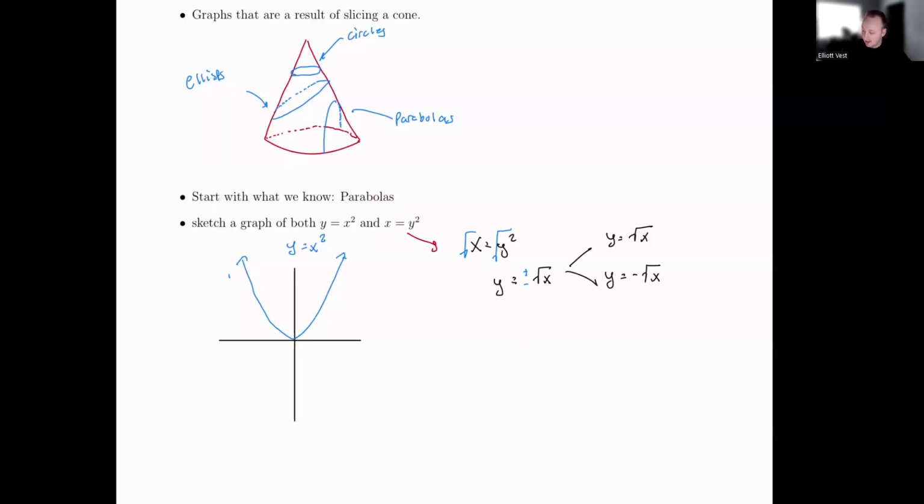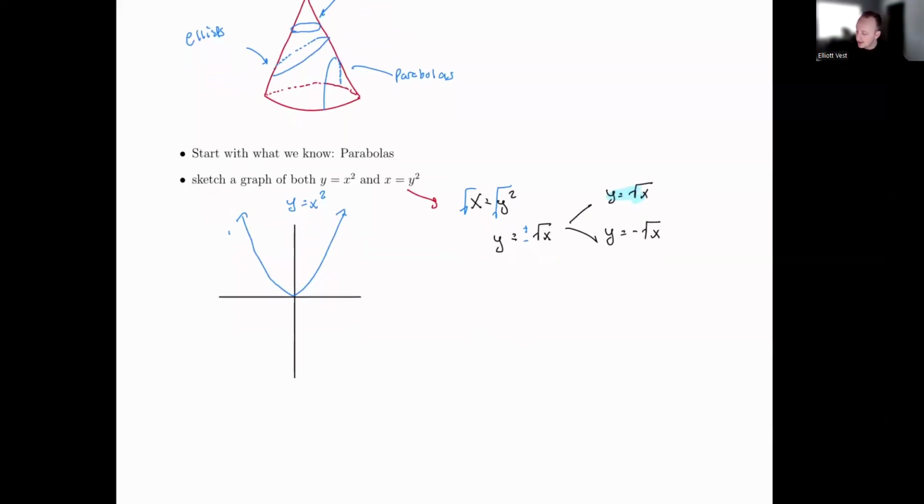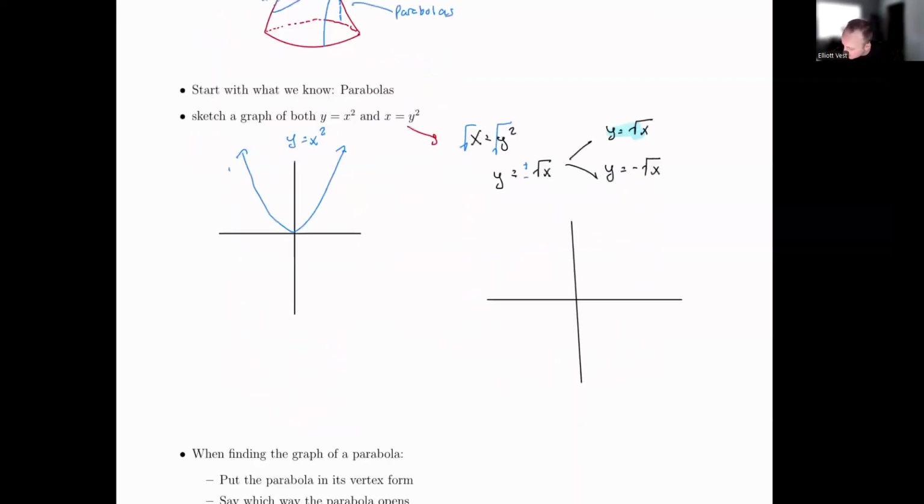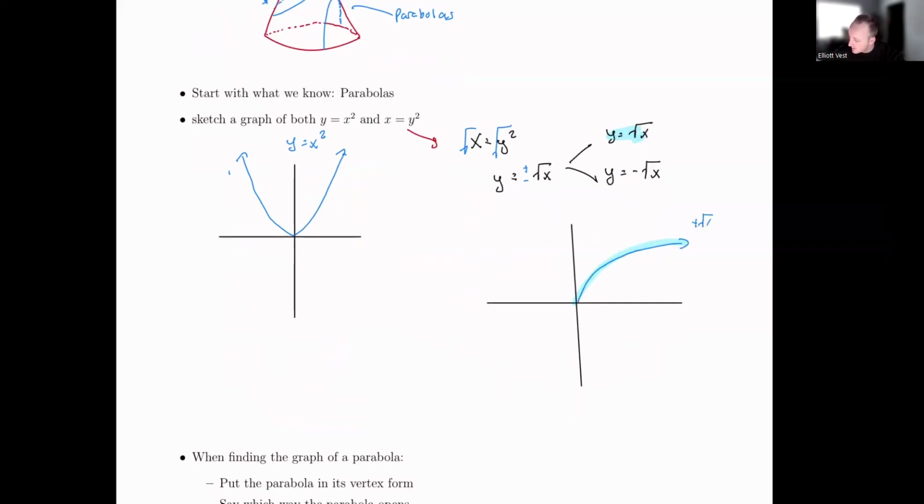And we've seen these graphs before as well, right? If you go to a prior section in the radicals section, I know that y equals square root of x looks something like this, right? That is the positive square root x function. Well, if I also graphed the negative square root x function, what does a negative do? Well, for parabolas, a negative will flip it to be upside down.